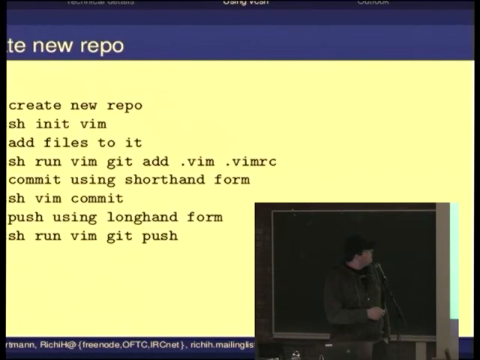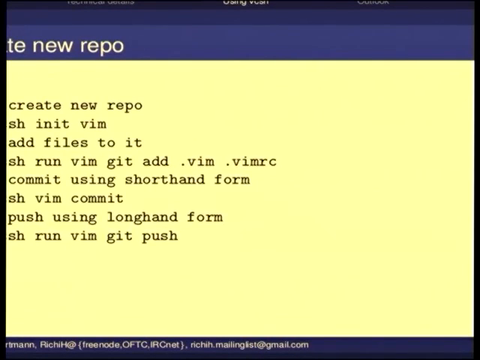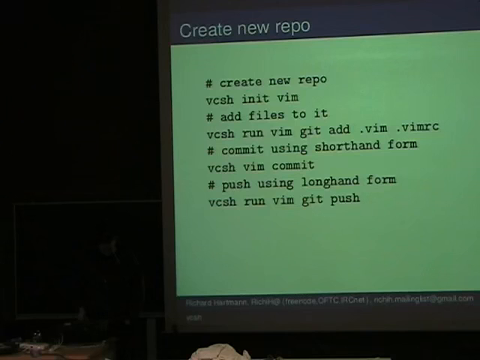And then you simply tell vcsh to set up the environment correctly for your repository vim, and to run this command within the context of the environment you set up for the fake bare Git repository. There are several shortcuts and other nice things which you find in the man page. So that's basically vcsh run vim git commit. Then you just can push with longhand.